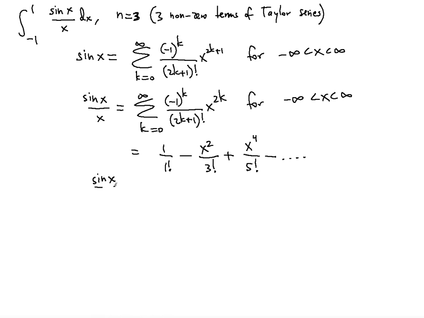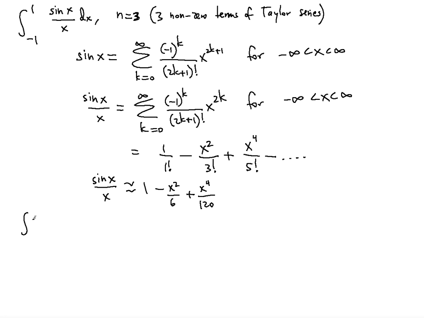So sine x divided by x is about 1 minus x squared over 3 factorial, which is 6, plus x to the 4th over 5 factorial, which is 24 times 5, 120. So we found the approximate value of sine x over x, which is 1 minus x squared over 6 plus x to the 4th divided by 120.